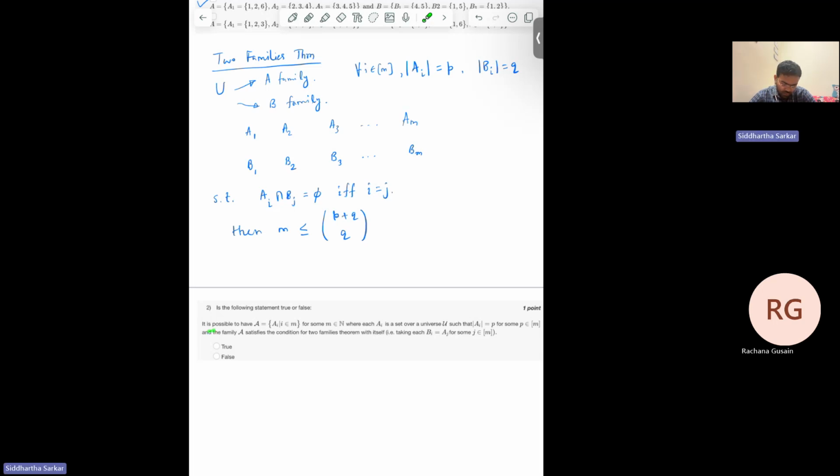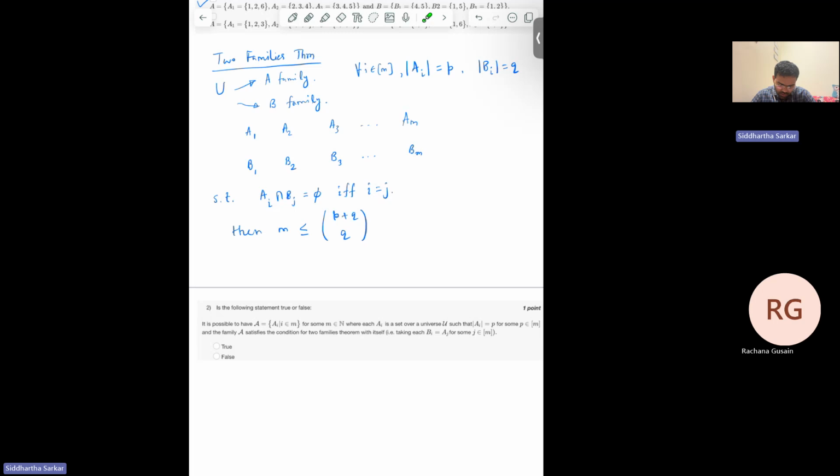Is it possible to have a family A of some size M, where each Ai is a set over a universe U, such that every set in the family A is of size p, as per the statement of the two families theorem, and the family A satisfies the condition for the two families theorem with itself?